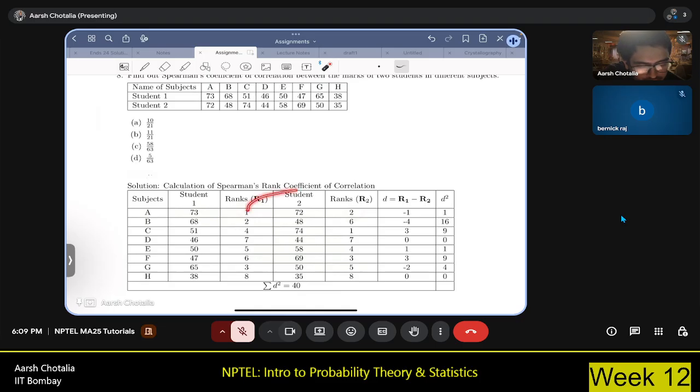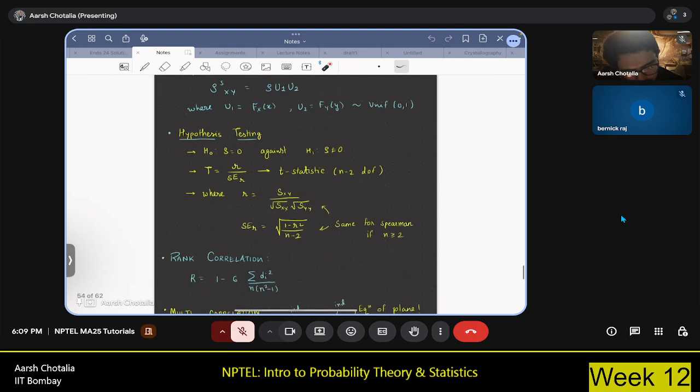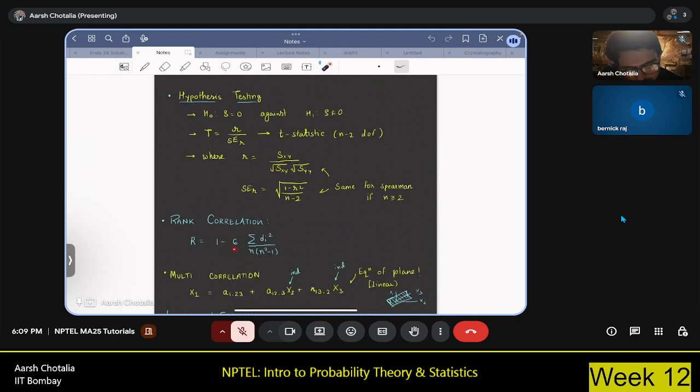So you calculate the difference between the rank and then square it. So D is equal to R1 minus R2, and then calculate the D square. Once you have that, the rank correlation is simply 1 minus 6 times sum over all this D square divided by n into n square minus 1, where n is the number of entries.